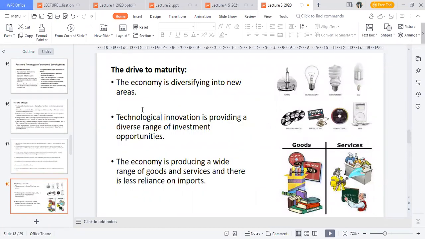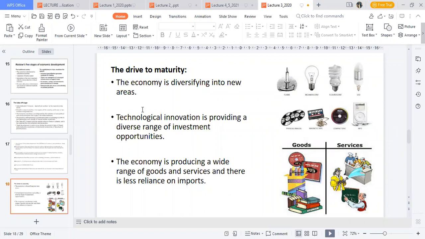Out of this, you get what is called the drive to maturity, where the economy will start diversifying into new areas. There will be technological innovations, so you start producing new things. This is the early part of any industrialization. If you satisfy the conditions mentioned earlier, you should reach this stage where you start producing things.